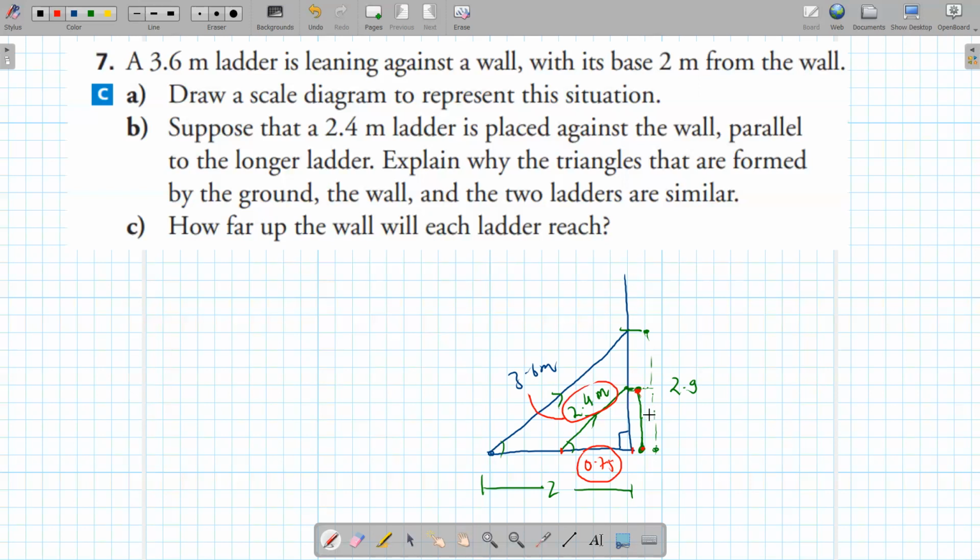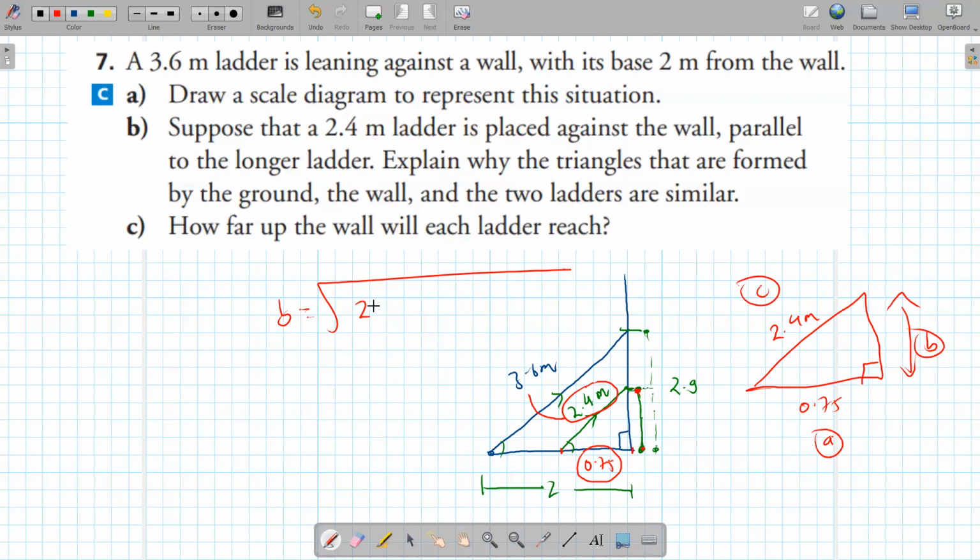No, again, it cannot be bigger than the hypotenuse. The hypotenuse is always the longest side. So if this is 2.4, this is 0.75. We can just use Pythagoras theorem, a squared plus b squared equals c squared. b is going to be the square root of 2.4 squared minus 0.75 squared, because b squared is c squared minus a squared, and to solve for b, you just square root both sides. The answer is 2.28.